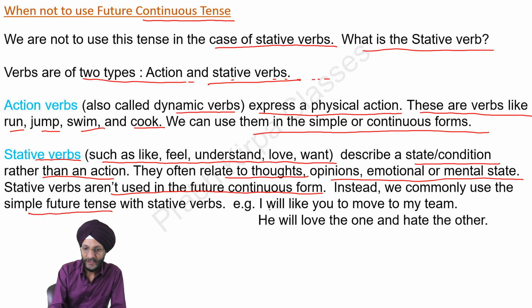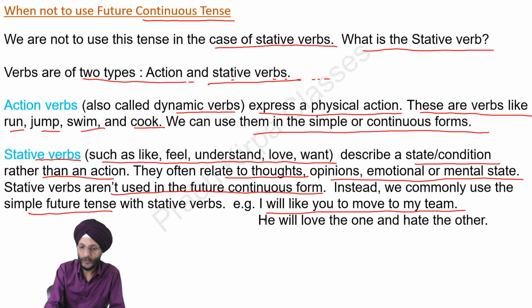For example, you cannot say, I am liking this book, I am feeling, I am understanding this tense, I am loving. You can use stative verbs only in simple future tense. For example, in case of like, you can say, I will like you to move to my team.